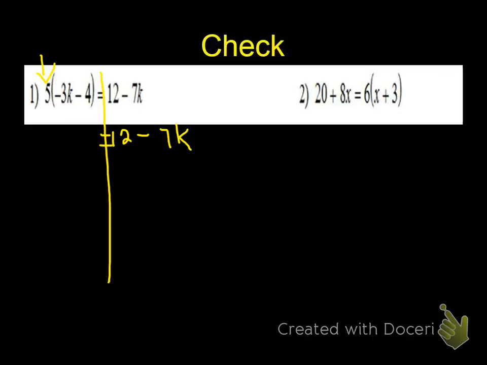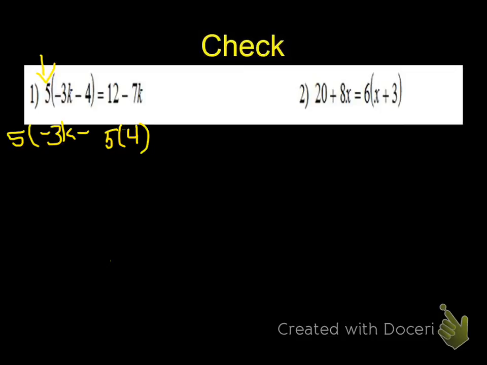So I have 5 times negative 3k minus 5 times 4 equals 12 minus 7k.